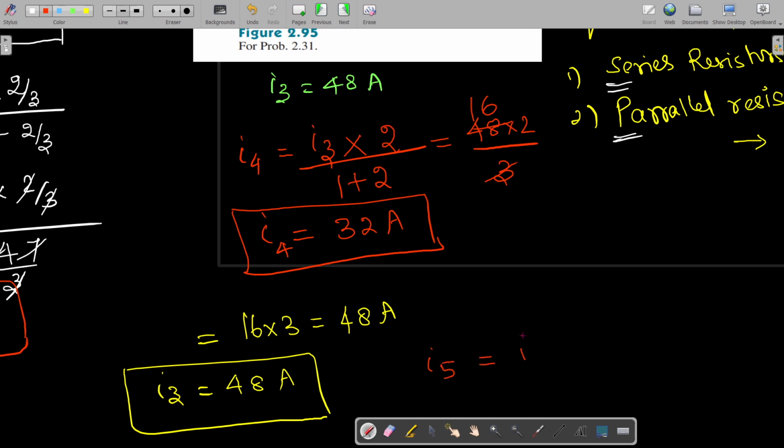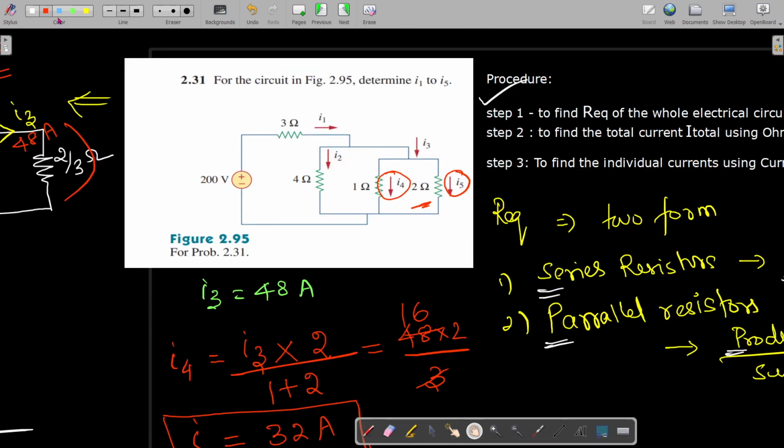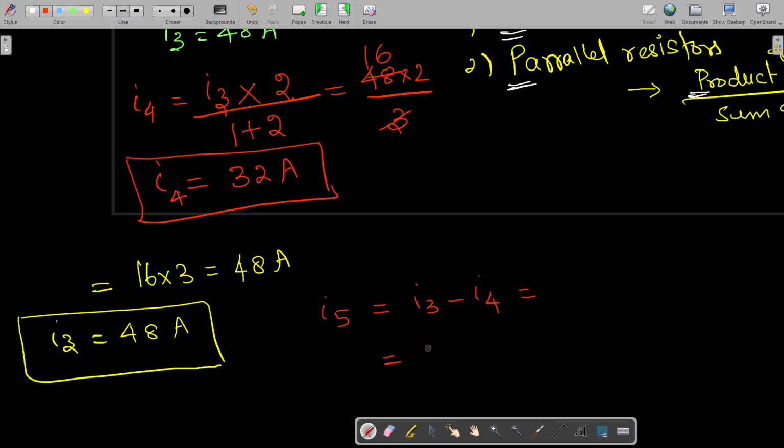I5 is equal to this I3 minus this I4, isn't it? Because this is the total current here. This I3 is equal to 48 amps. Here we found this I4 to be 32 amps. So the remaining will be flowing here, isn't it? So it is 16 amps. It is equal to 48 minus this 32. It is equal to 16 amps.